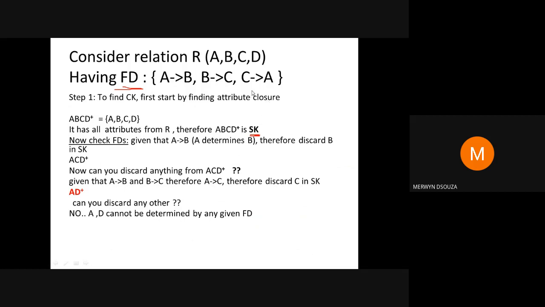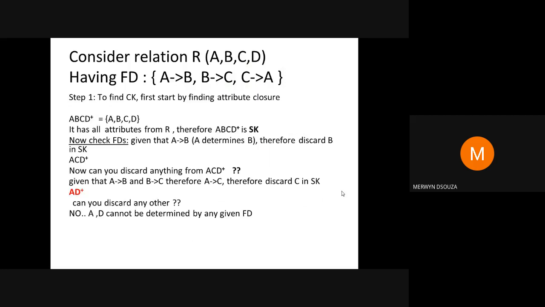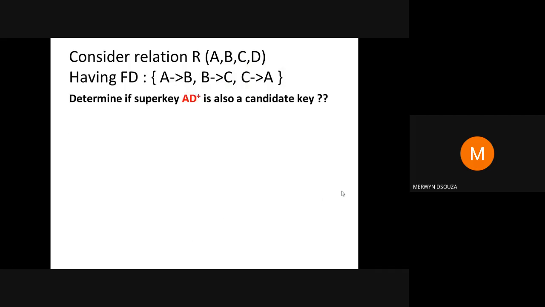A is appearing on the right hand side here, but C is not present in my super key, so I cannot use this functional dependency. A is appearing on the right hand side, but C also should have been part of my super key, but it is not. Therefore, I conclude that my minimal super key is AD. I cannot reduce it further.